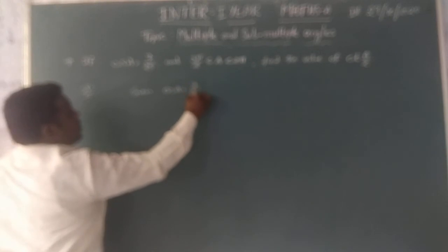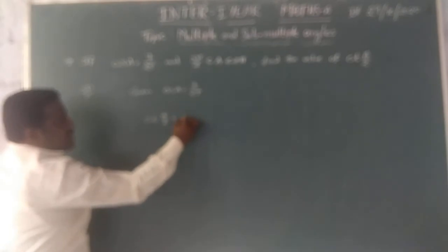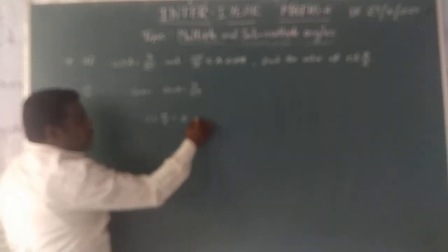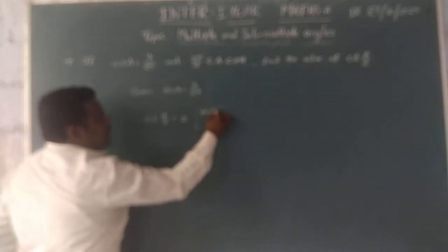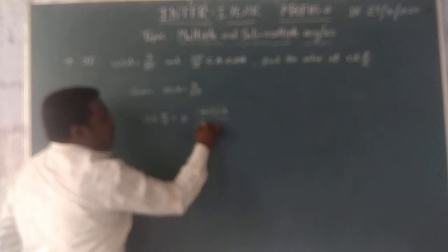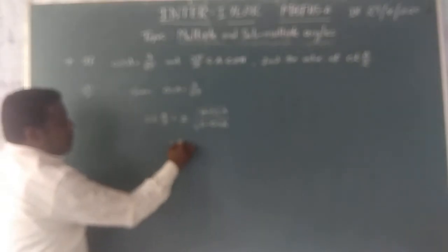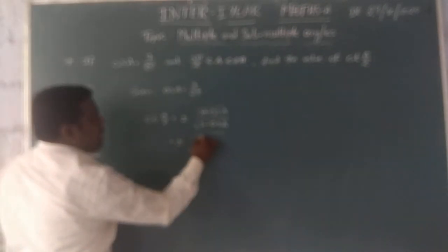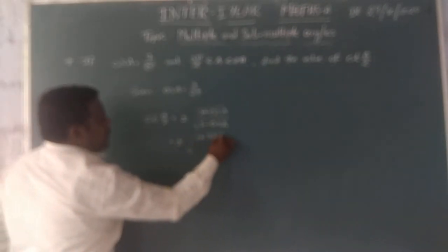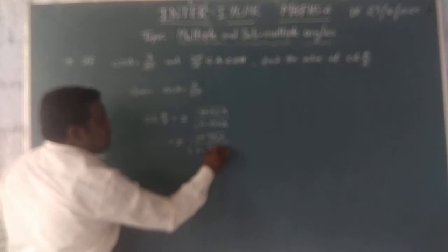By using cos A, we know that cot A by 2 is equal to the formula plus or minus under root of (1 plus cos A) by (1 minus cos A). That equals plus or minus under root of (1 plus 7 by 25) by (1 minus 7 by 25).